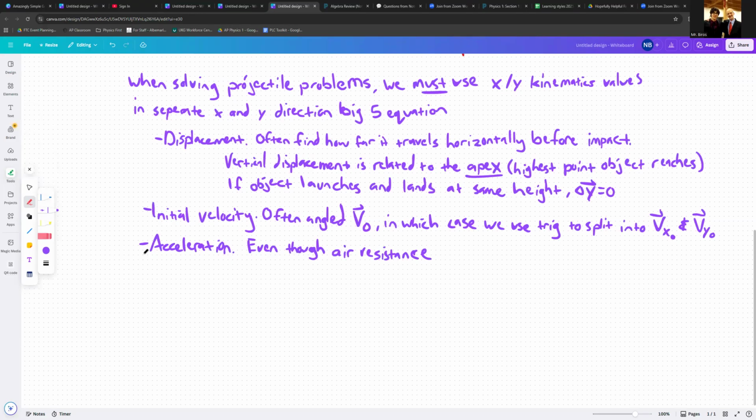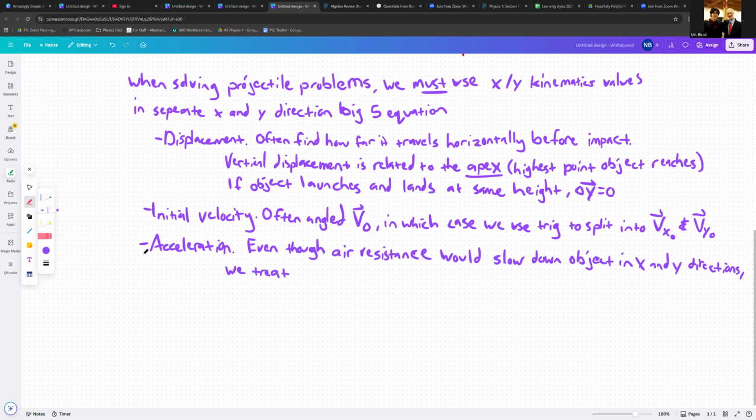And yeah, even though air resistance would slow down the object in both x and y directions, what we do is we choose to treat that as negligible.